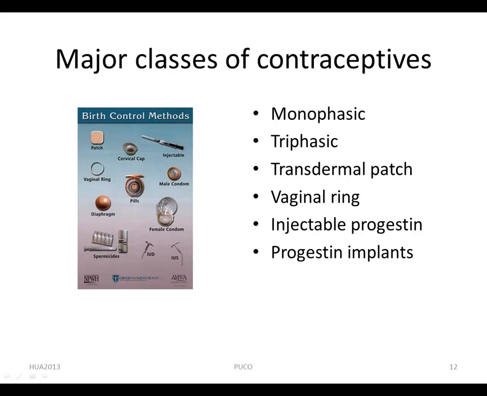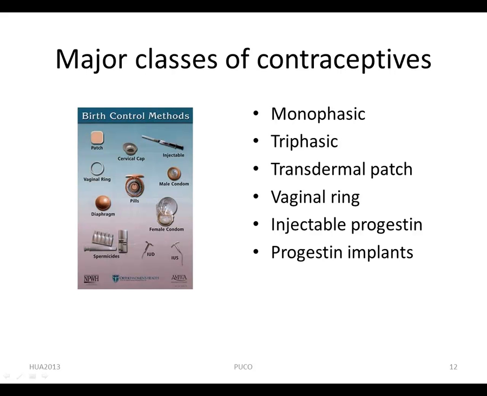Combination oral contraceptives. Products containing a combination of an estrogen and a progestin are the most common type of oral contraceptives. Monophasic combination pills contain a constant dose of estrogen and progestin given over 21 days. Triphasic oral contraceptive products attempt to mimic the natural female cycle and most contain a constant dose of estrogen with increasing doses of progestin given over 3 successive 7-day periods.